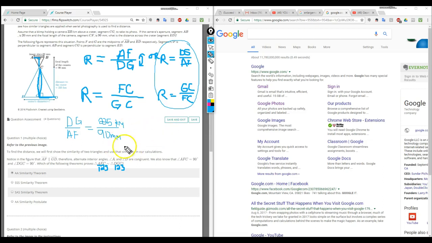So we need to be checking that in our answer. We're looking for DG, and the size of our image is 20 millimeters, but A to F is only half that length, so it's going to be 10 millimeters. So AF is going to be 10 millimeters.